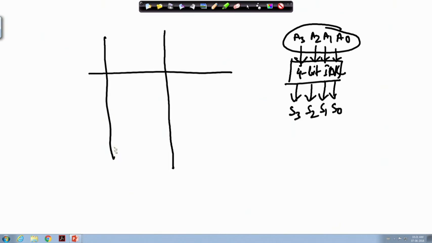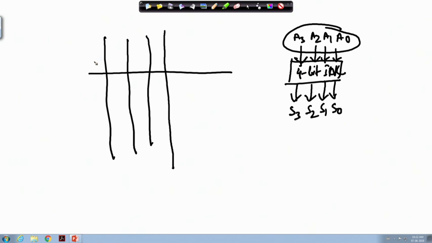Whenever we design any circuit, at the very first, what do we know about gates? We know the truth table. Here also, as this is one circuit, if I draw the truth table, it shows the operating principle of that particular circuit. So I first need to know the operating principle of this 4-bit incrementer.